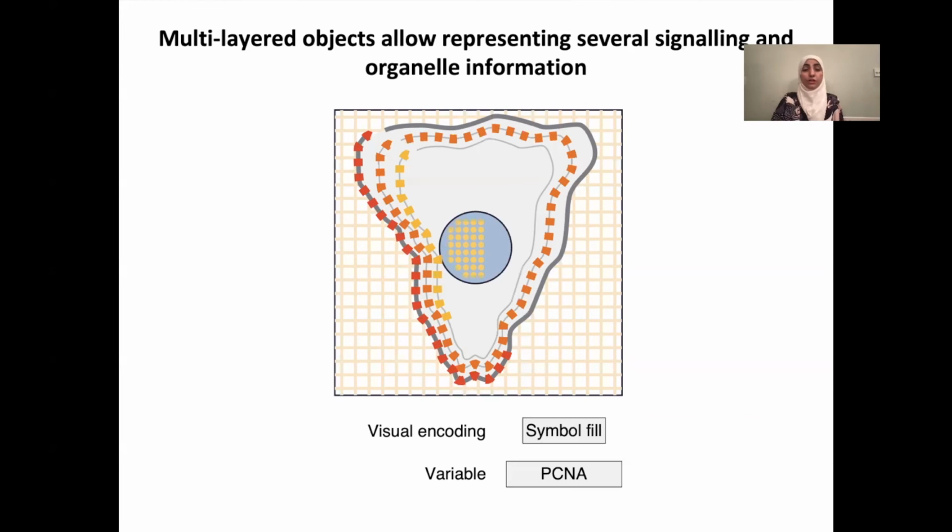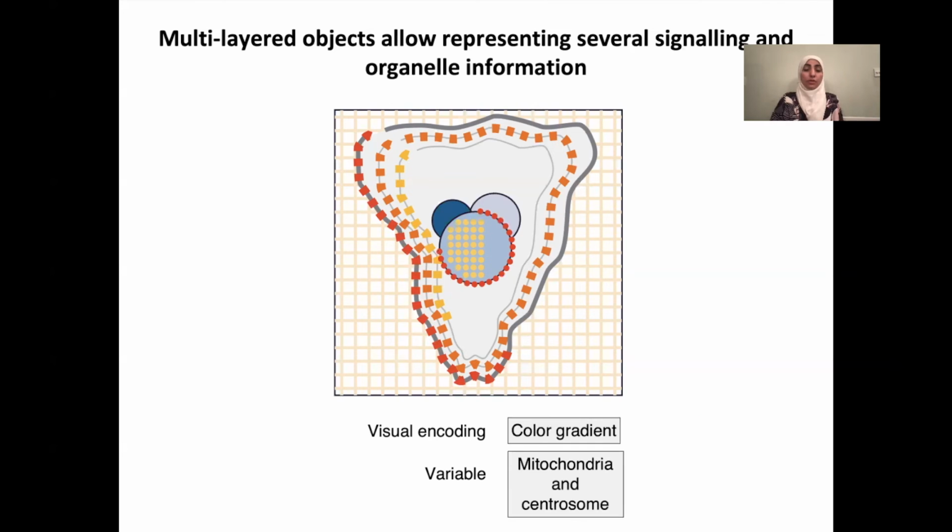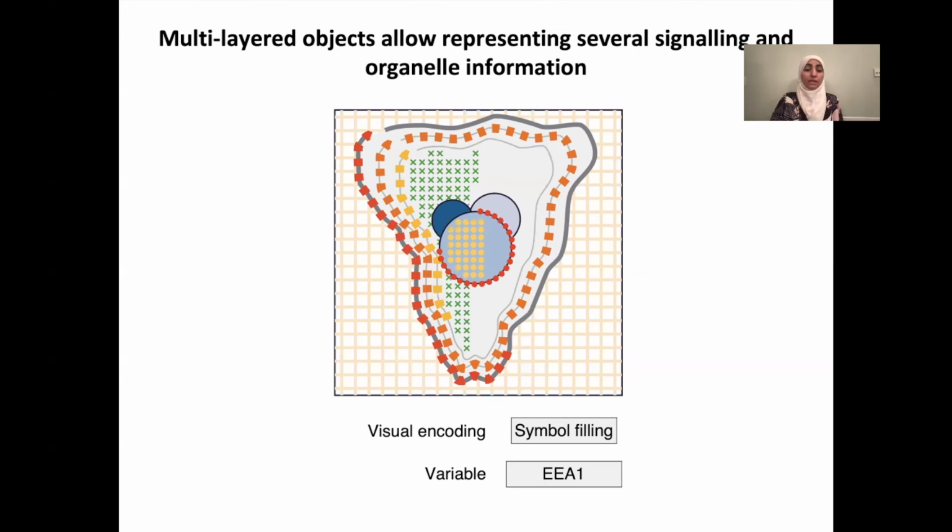I added more information by looking at the proliferation, as well as how much of this nuclear pore protein is localized to the membrane, based on the border symbol. Other organelles can be represented by color gradient, and endosome abundance by simple filling.